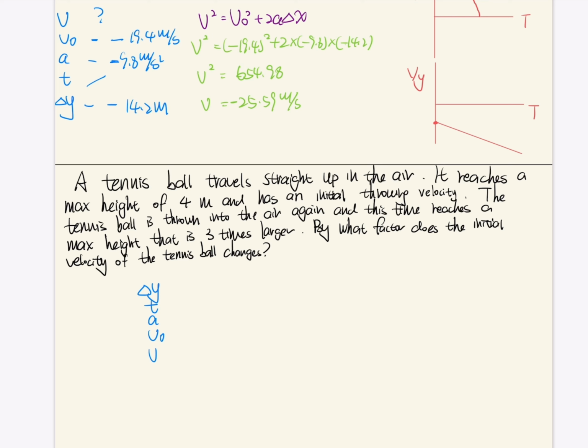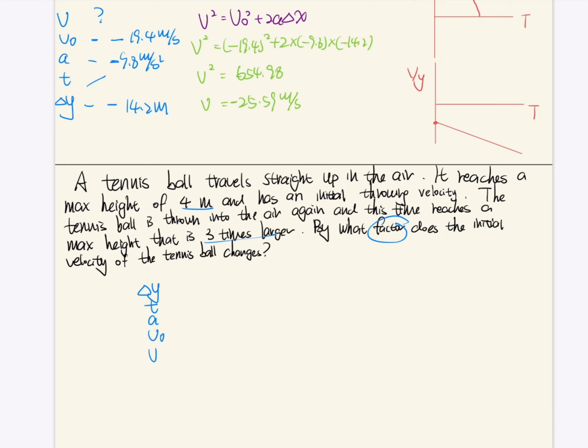For this question, we are asked about the factor. So the actual value doesn't matter. What matters is the factor, right? We know it's in free fall, so the acceleration is always negative 9.8 meters per second squared.